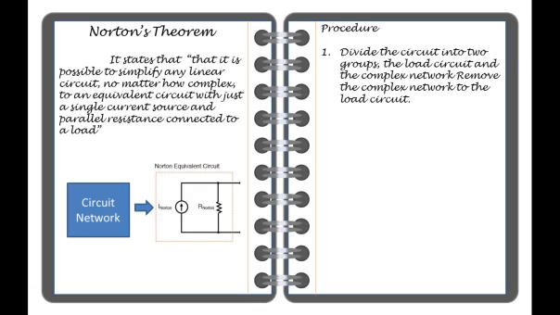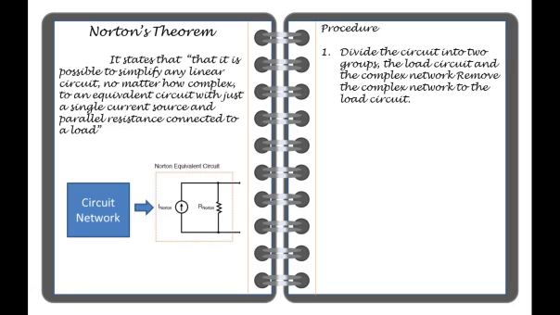After identifying the complex and the load circuit, we're going to remove the complex circuit from the load circuit. The complex circuit is the one that we're going to manipulate and do the calculation on, and we're going to reduce it to a Norton's equivalent, which has only one current source and a resistance.